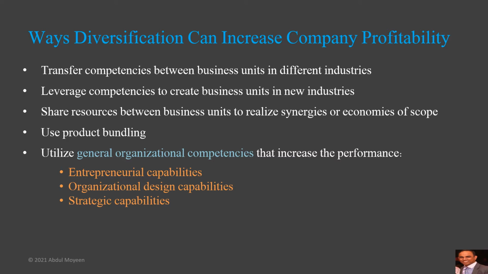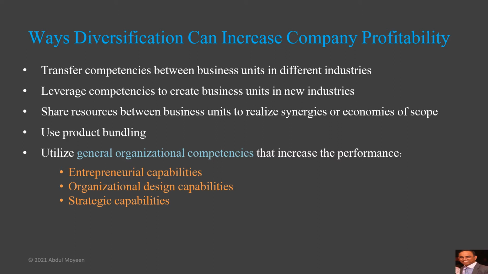Companies can increase their profitability in four primary ways through diversification. Number one, when they can transfer competencies between business units in different industries. This involves taking a distinctive competency developed by a business unit in one industry and implanting it in a business unit operating in another industry.